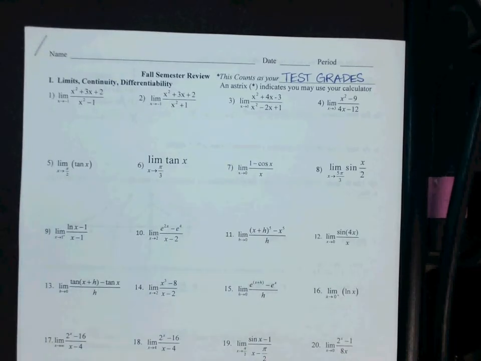Look at your first page. We should just kind of burn through, not every question, but some examples from each question. So look at number 1. What do I do? Okay, I could factor, but do I have to? The first thing that you should try is just to plug it in.